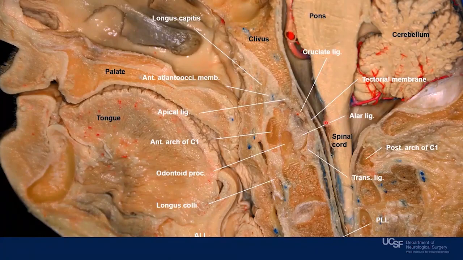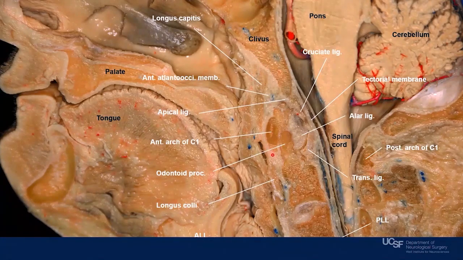This is the cervicomedullary junction, the cerebellum, clivus, and from the muscular perspective, we see the longus colli, which, if we remember, attaches to the anterior tubercle of the anterior arch of C1, and superiorly we see the longus capitis that attaches to the basilar portion of the occipital bone.